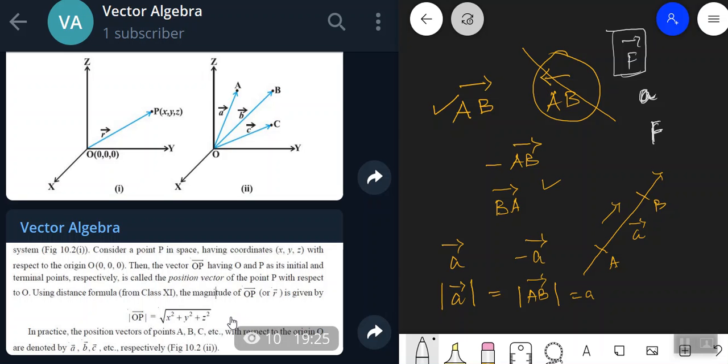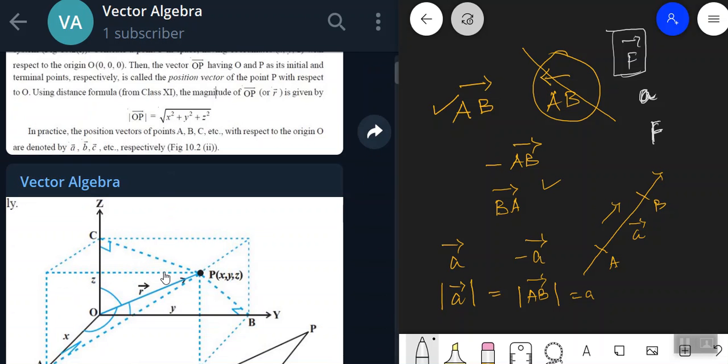We already discussed this in our previous class, in 11th standard itself. It can also be represented as A vector, B vector, C vector. Whenever you calculate the magnitude, you can apply the distance formula and sum the squares of the respective components, so that you are able to calculate the OP vector magnitude. Do you understand this point?